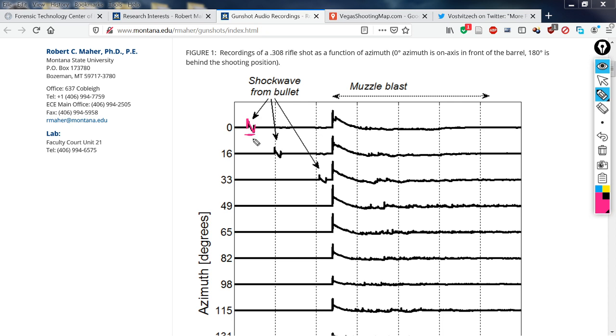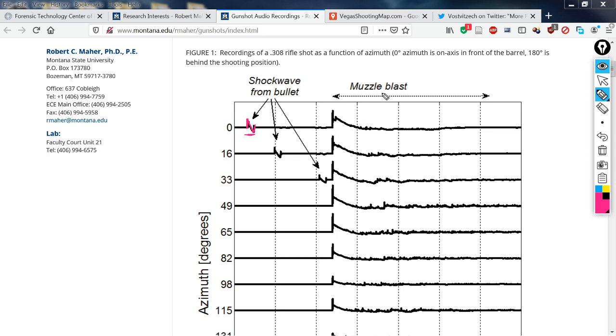In fact, when it's generated by the bullet itself, it probably occurs in the range of less than 100 microseconds, but because the air can't respond that quickly, it expands out to somewhere on the order of 200 to 500 microseconds, or half a millisecond. As you can see here, it's not near half a millisecond, but close.